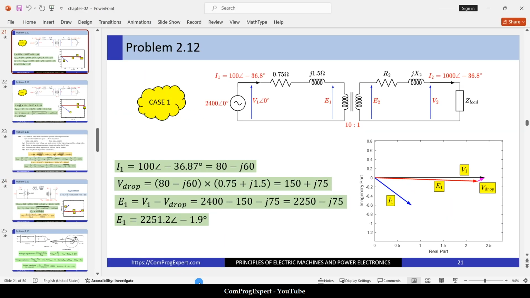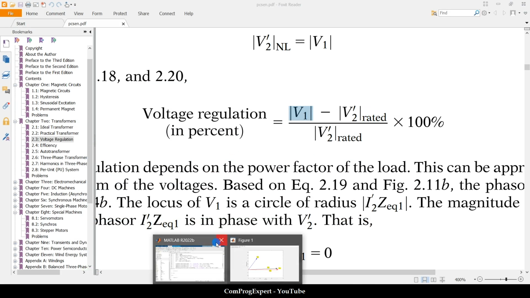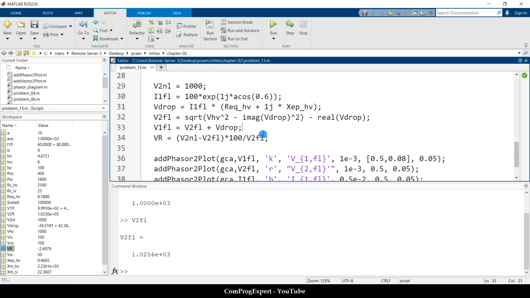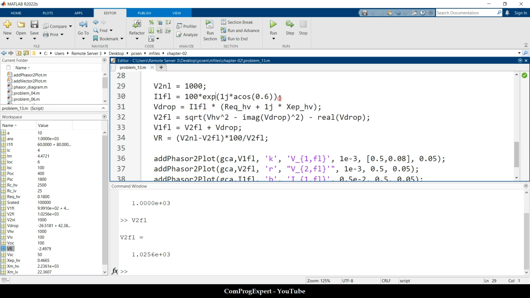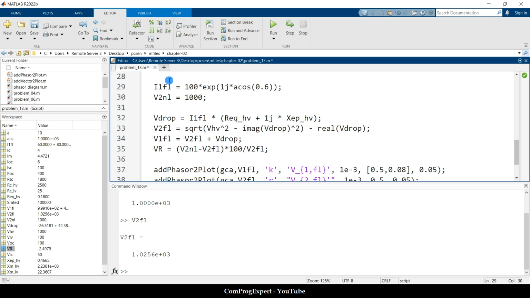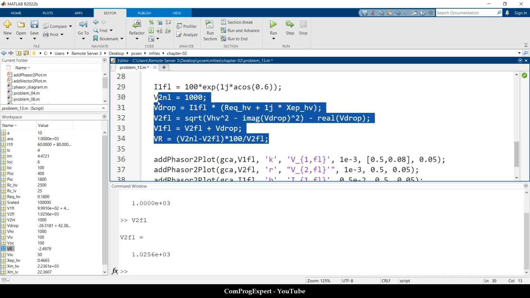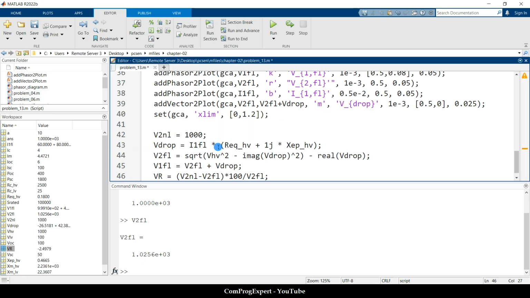Here, if we consider the V2 rated, let me copy this code here. This is the current of the full load I1. The value of the V2, let's change the name for the rated. I consider it equal to 1000.